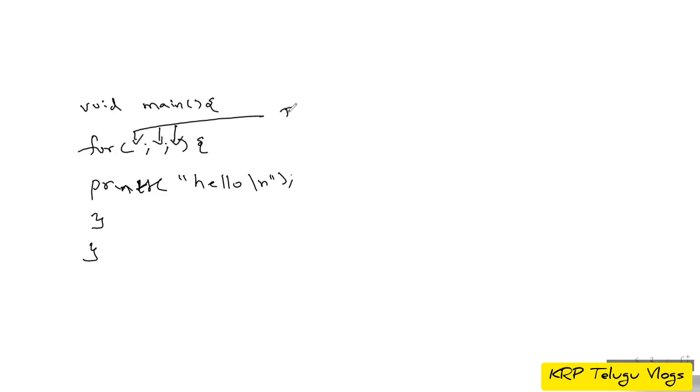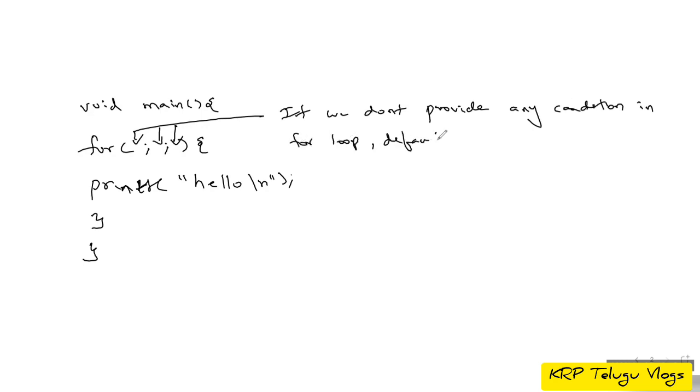So if we don't provide any condition in a for loop, by default it takes it as true.